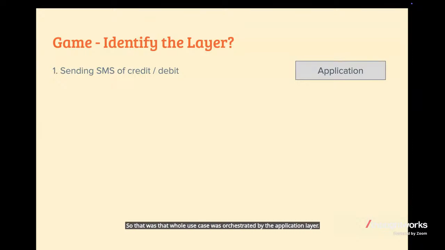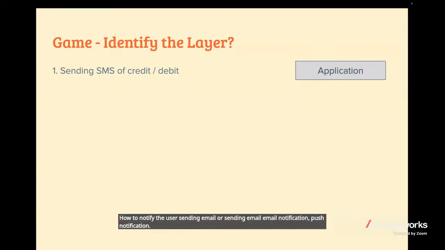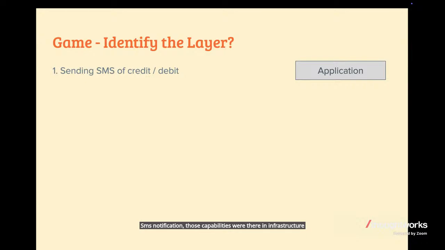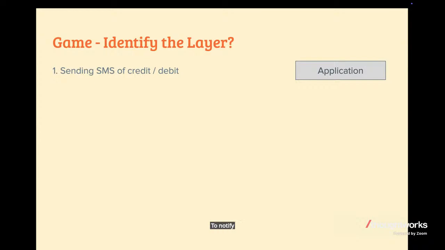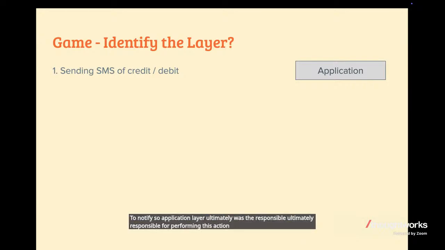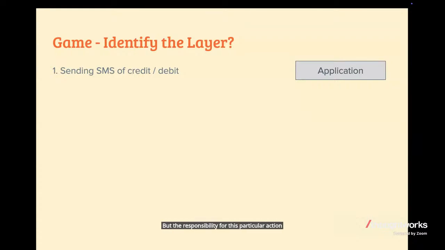Whether the user is eligible for the new credit card was a domain layer concern, and how to notify the user, email, push notification, SMS notification, those capabilities were in the infrastructure layer, but the application layer decided which mechanism to use to notify. So the application layer was ultimately responsible for performing this action, although it might have leveraged the infrastructure layer and domain layer. But the responsibility for this particular action was with the application layer.